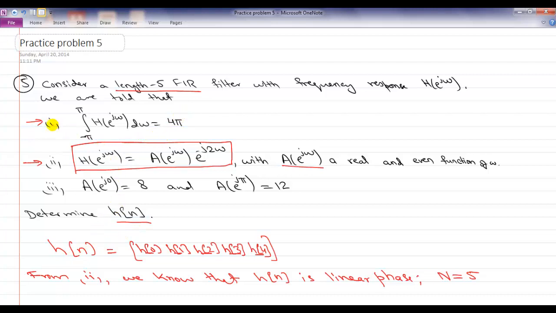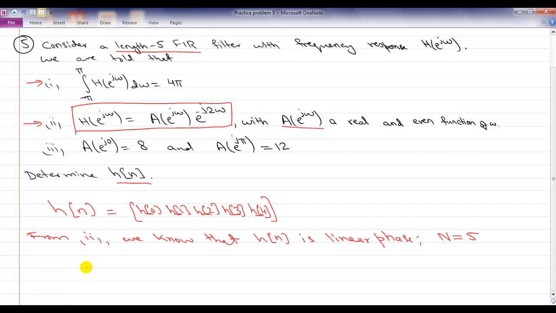If you look at the first condition, even though it may look like you can't use it, it is related to the fact that your inverse DTFT formula is given by 1 over 2 pi, integral from minus pi to pi of H(e^jω) e^jωn dω. Okay. So we are given that the integral from minus pi to pi of H(e^jω) dω equals 4 pi. If I plug n equal to 0 here, I get e^0 which is 1.